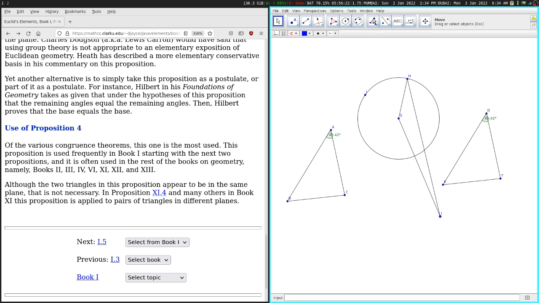Let's see if the angle tool works. Nope. Let's try the other way. Yeah, there it goes. Angle, side, side.